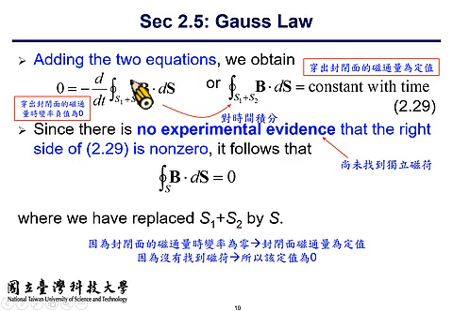However, based on experimental evidence that we have never seen a standalone magnetic charge, the right-hand side, which is a constant resulting from the time-domain integration, is taken as 0.